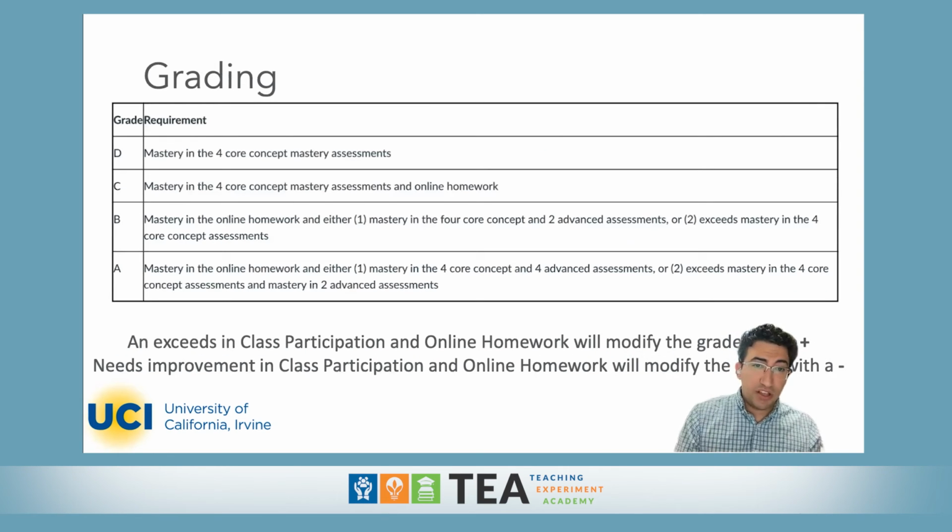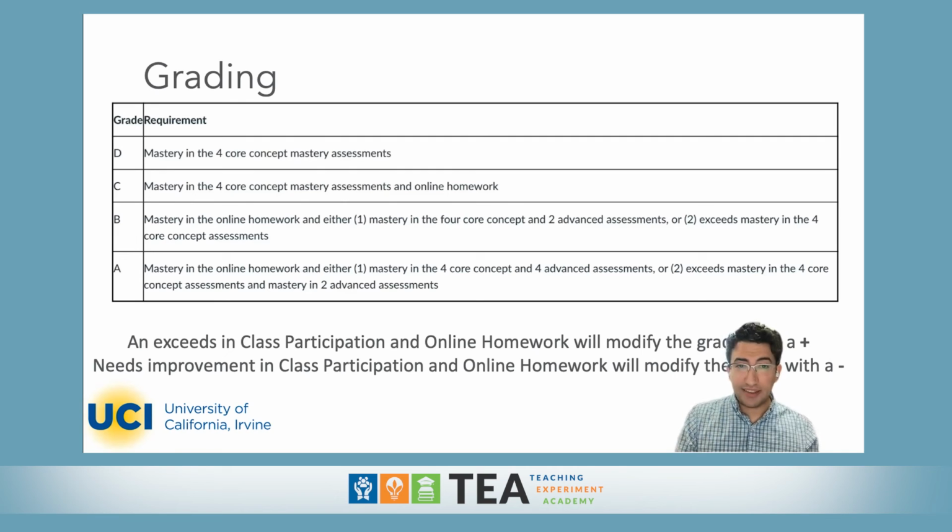The final way we're going to be sending grades out in the class is using the following rubrics. So they're mainly based around those core assessments that determine your overall letter grade. The minimum requirement for passing the class is completing the 4 core assessments.